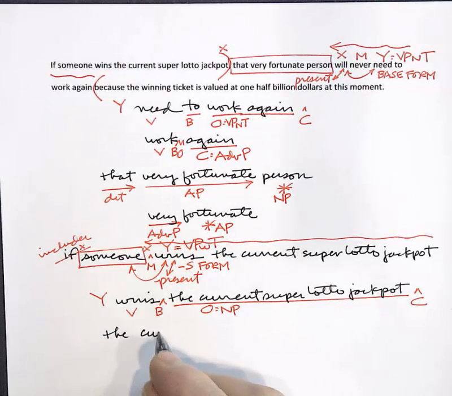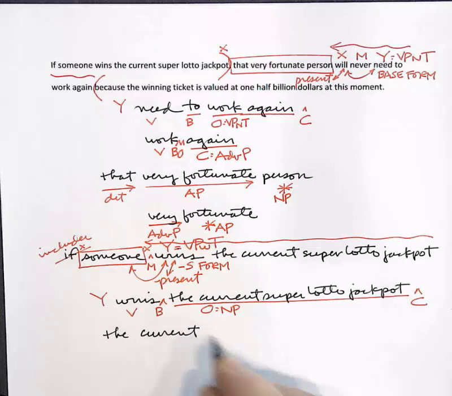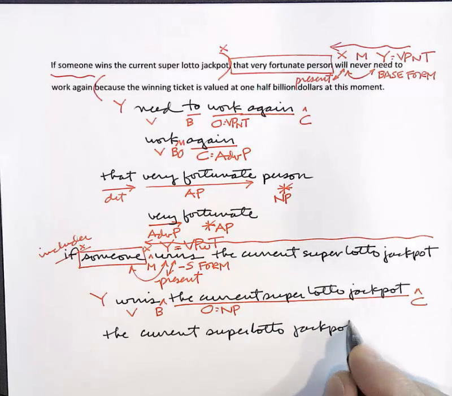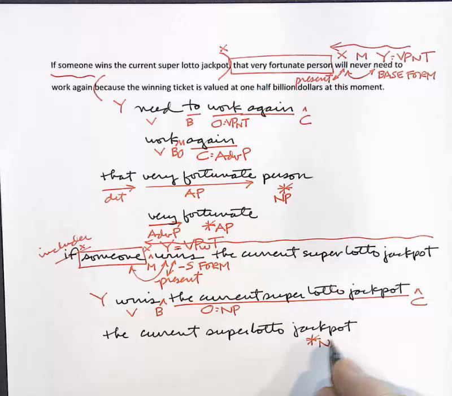The current Super Lotto jackpot, and we'll find the head, jackpot, that's a noun phrase, and we'll find the modifiers: the, determiner.